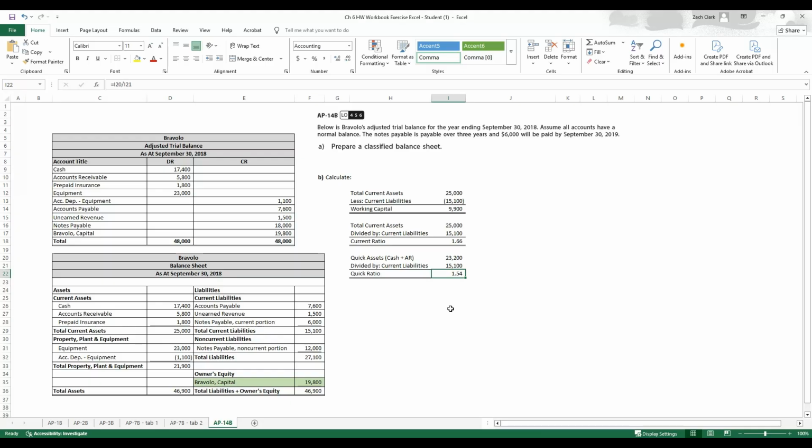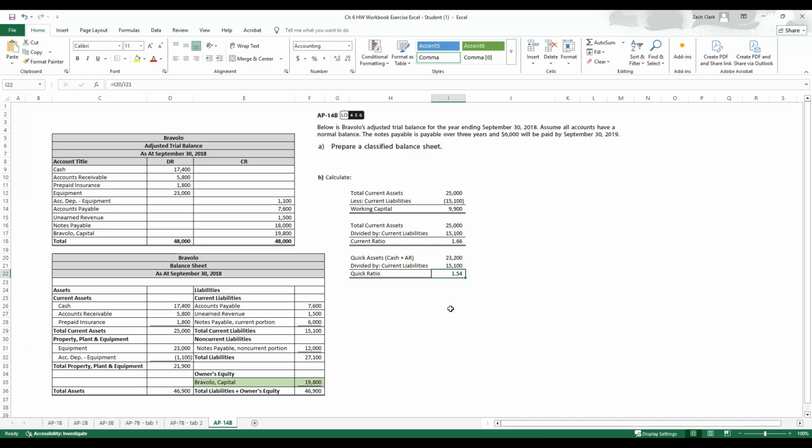So these metrics look pretty good, and that's just something, if you were actually in a business monitoring these on a recurring basis, you might want to benchmark against your peers to see how we compare to other businesses in our industry, for example, if that information is available. And then you also would probably want to track this over time so that you could see if there's any fluctuations.